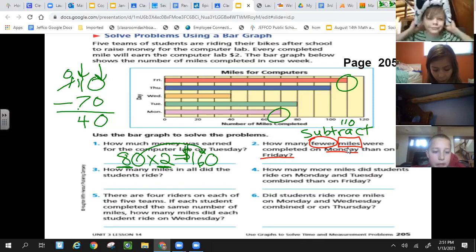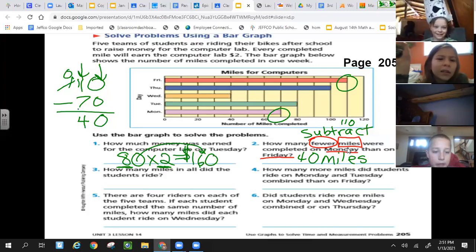So what's the answer, Gavin? 40. And what's our unit? Miles. Now let's reflect to see if that makes sense. How many fewer miles were completed on Monday than on Friday? There were 40 fewer miles completed on Monday than on Friday. That makes sense knowing that Friday had 110 miles and Monday had 70 miles.